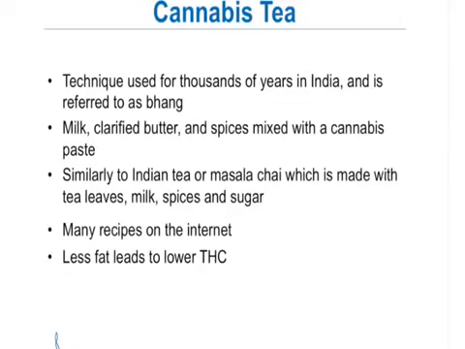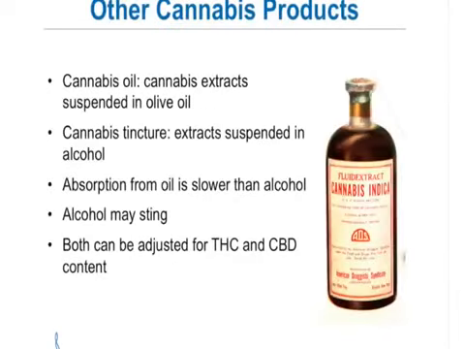And there are many recipes on the internet, lots of local variations. And if you have less fat in the solution, you get a lower THC content. Also depends on the source of your actual leaves as to what the THC versus CBD content would be.